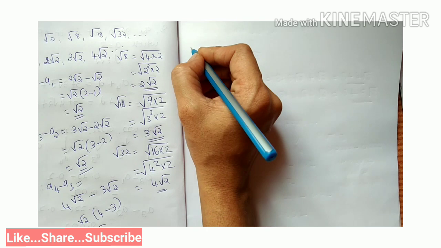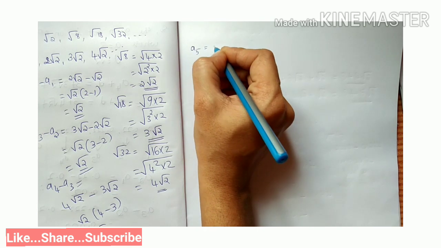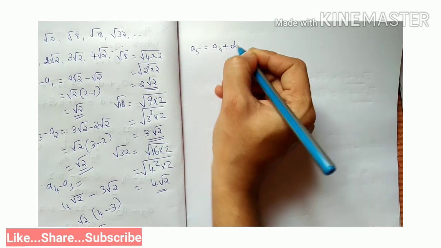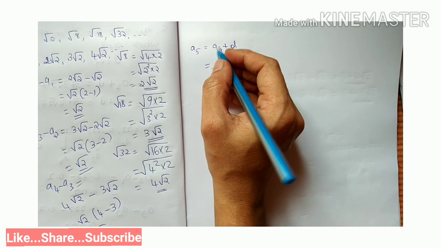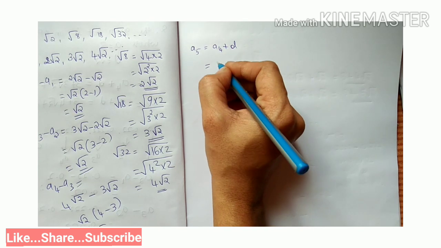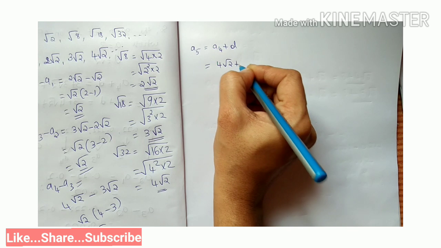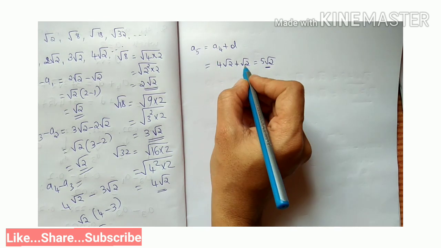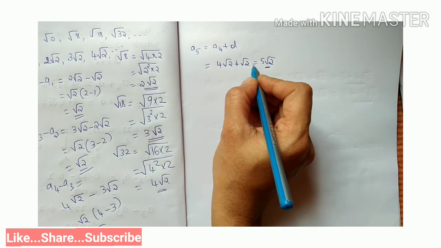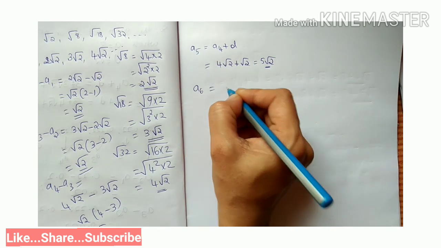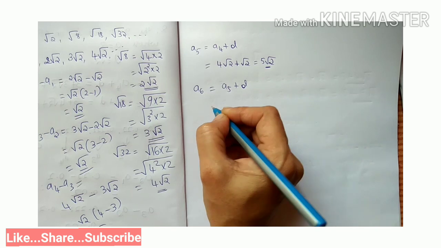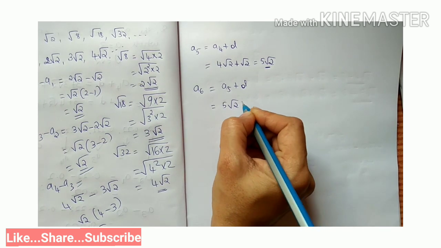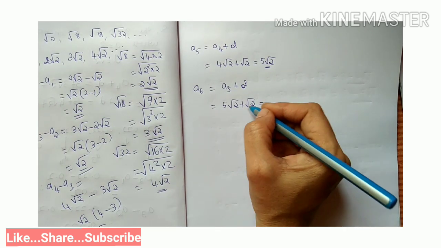Next two terms: A5 is A4 plus d, 4 root 2 plus root 2, root 2 common, take outside, 4 plus 1, 5 root 2. A6 is A5 plus d, 5 root 2 plus root 2, 6 root 2.